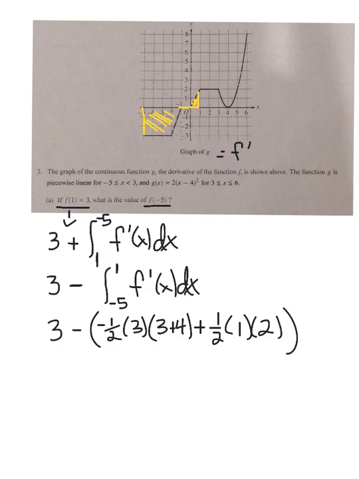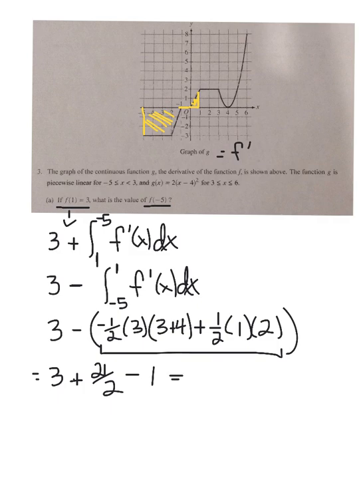Okay. All right, so what I want you to do is pause me and figure out how much that is. All right, so I have 3, and then I have plus the trapezoid, which was 21 over 2, minus the triangle's area, which was 1.